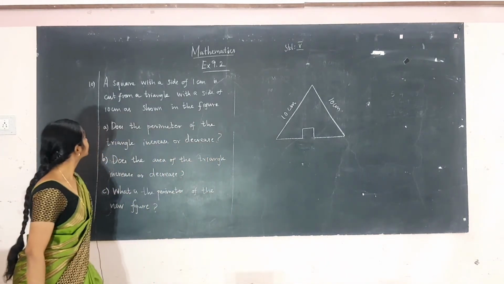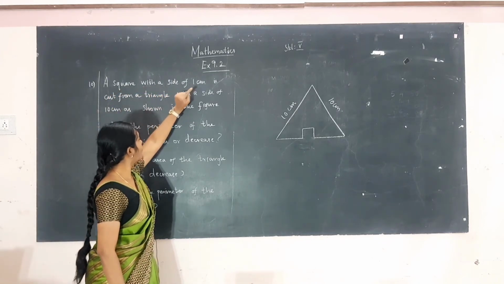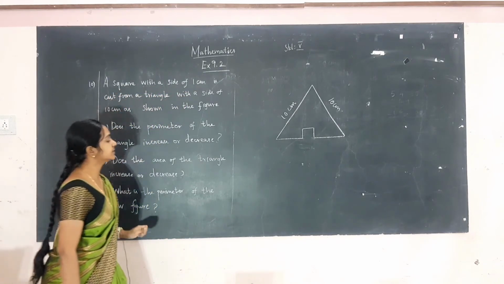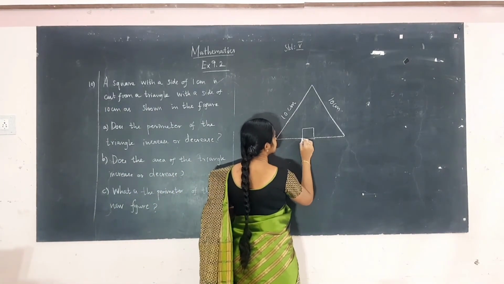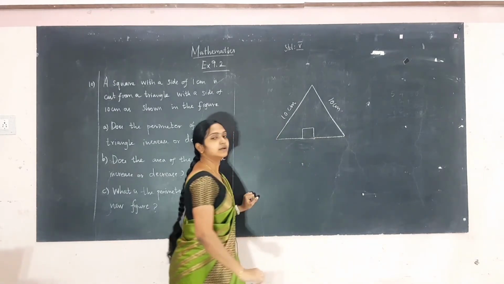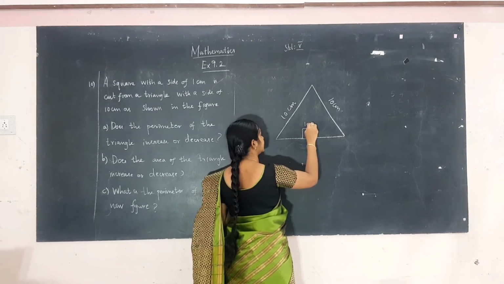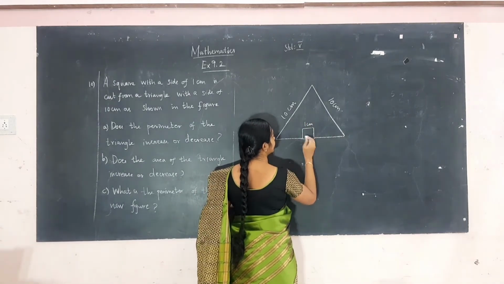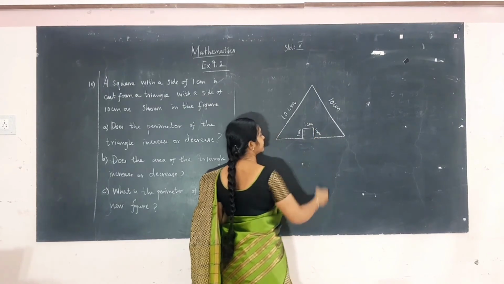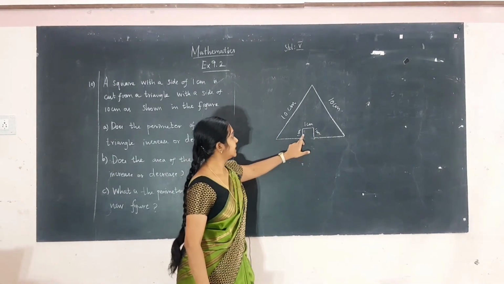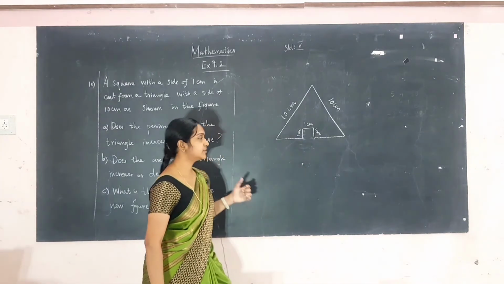Next, a square with a side of 1 centimeter is cut from a triangle. Here you can see a square. A square is cut from the triangle. Each side of the square is 1 centimeter. It is cut from the triangle.